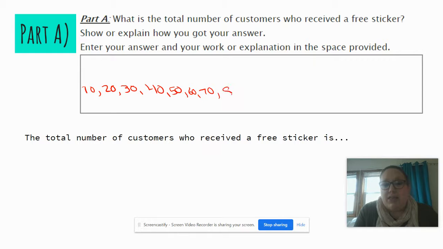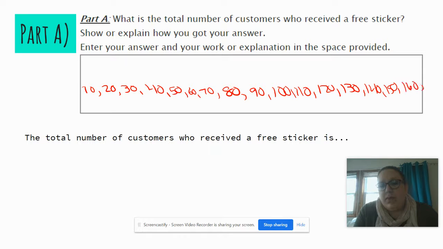Again, we're counting by tens because every 10th customer got one. 130, 140, 150, 160, 170, and 180.